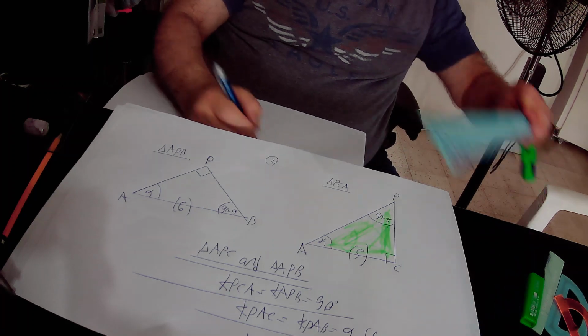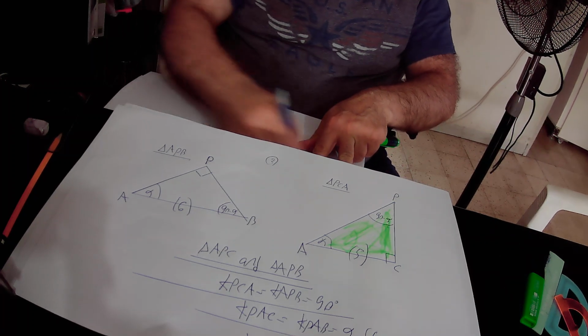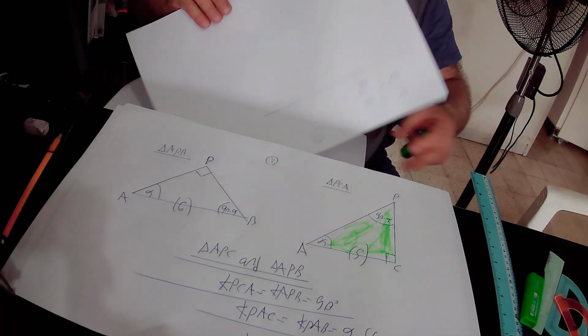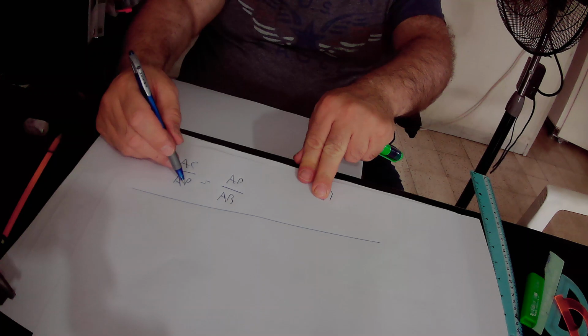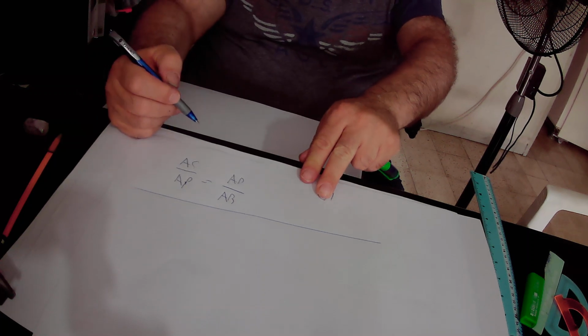So I repeat again, AC over AP equals AP over AB.